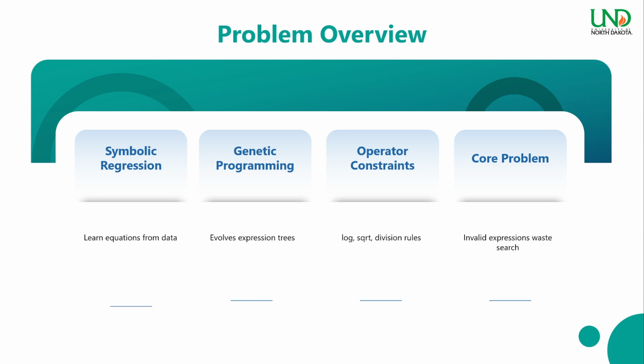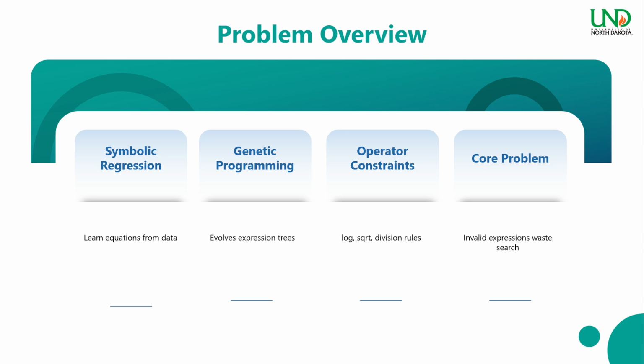A quick note here, we chose symbolic regression because it naturally exposes this problem that we're trying to solve. The search space is built from mathematical operators like log, square root, and division, which all have domain constraints. So that makes invalid expressions very common during the evolution. At the same time, the problem's still controlled.